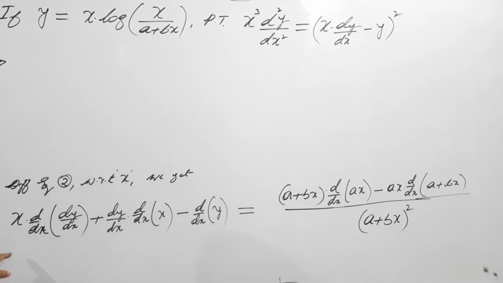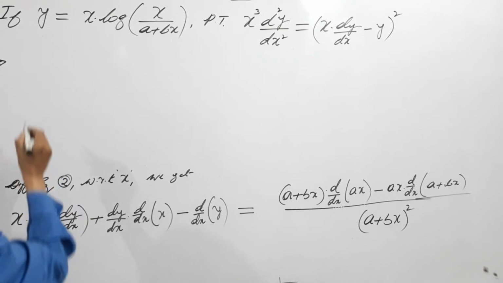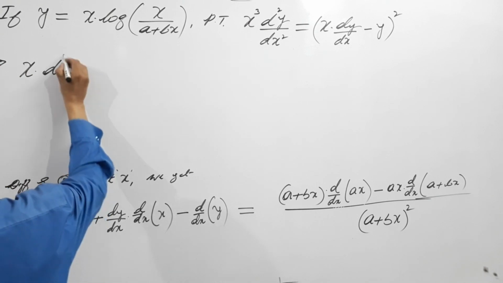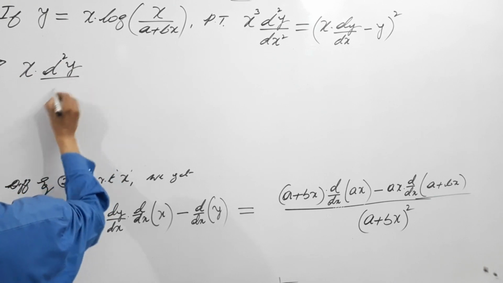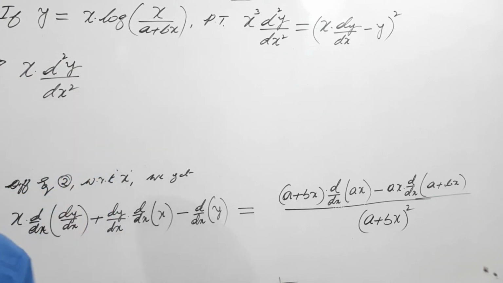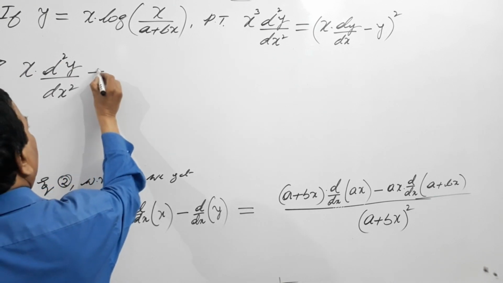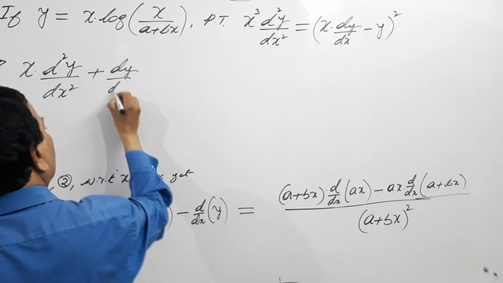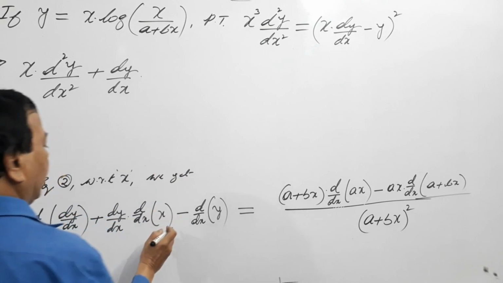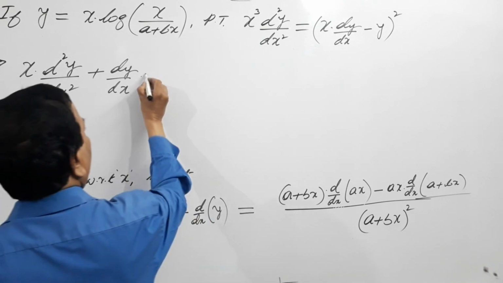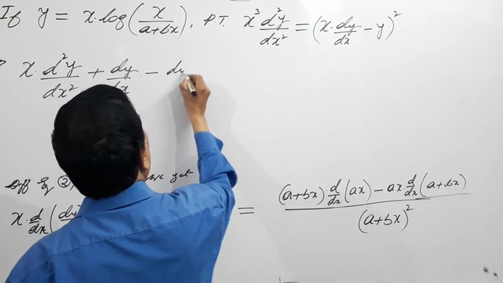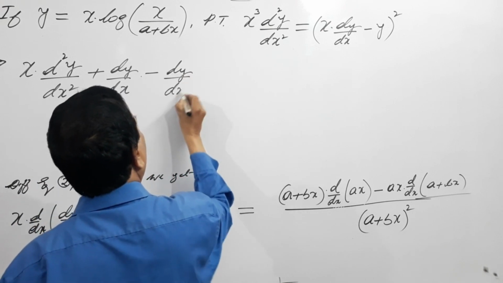This becomes x into d by dx of dy by dx, which is d square y by dx square, plus dy by dx into 1, I will ignore that, minus dy by dx of y, which is dy by dx.